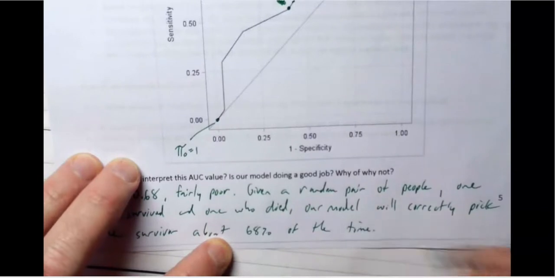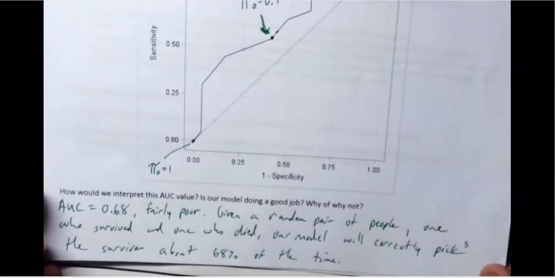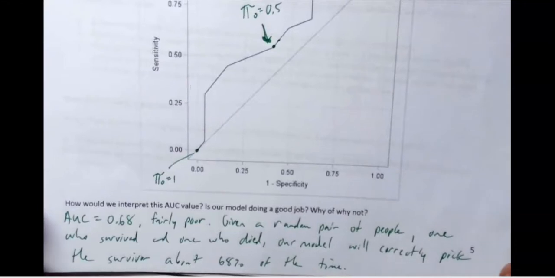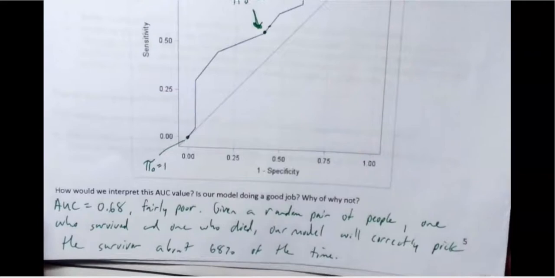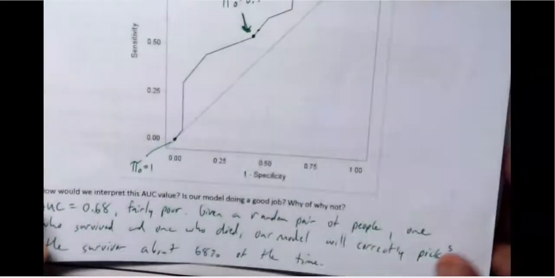That's the interpretation for the area under the curve. But really what you need to know is just that higher area under the curves are better than lower area under the curves. That's the end of these notes. I want to show you one more thing.